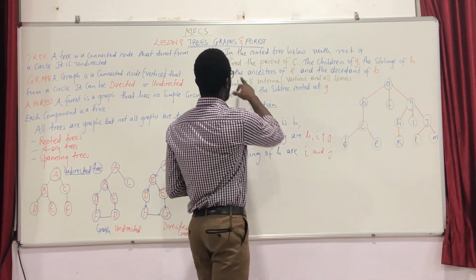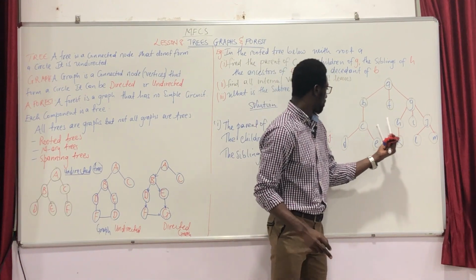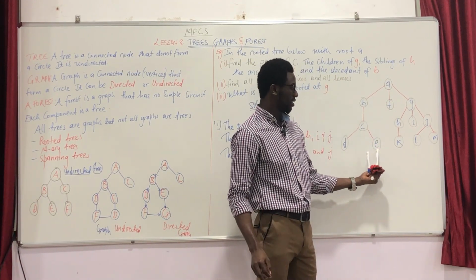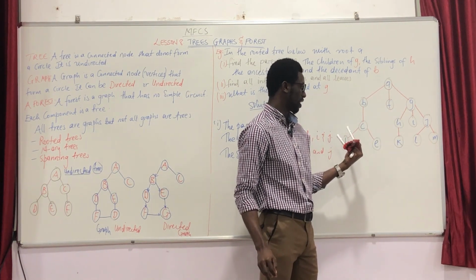So the next question says the ancestors of E. So first, you see here, where is E? Here is E. The ancestors are the past generations, as you can see here.